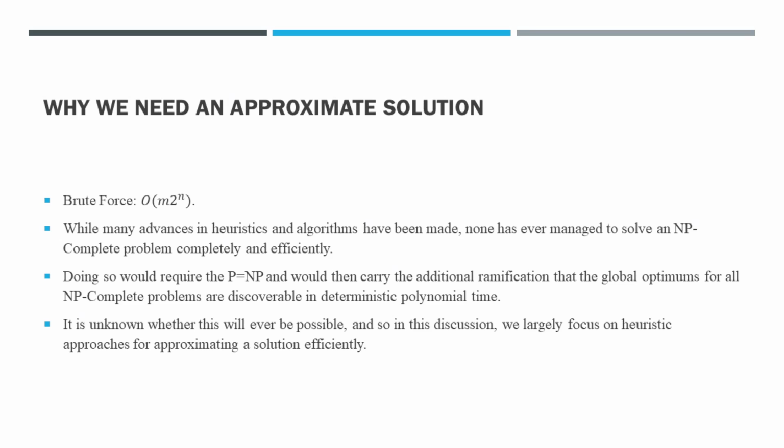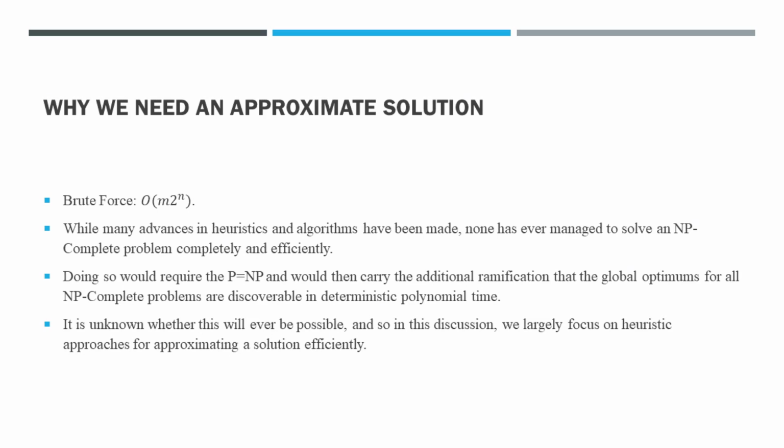A brute force approach would take big O of m times 2 to the n iterations to find the exact solution. Realistically, that would take too much time for any use to come out of that algorithm. While many advances in heuristics and algorithms have been made, none has ever managed to solve an NP-complete problem completely and efficiently.